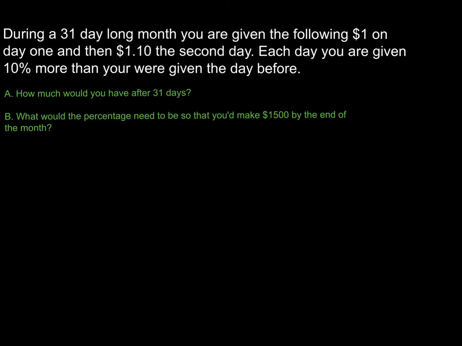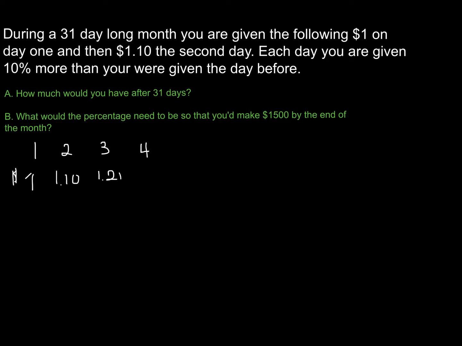If you think about it, let's make a quick little chart here. On day 1, you'll get $1. On day 2, you will get $1.10. On day 3, you will get 10% more of that, which is $1.21.